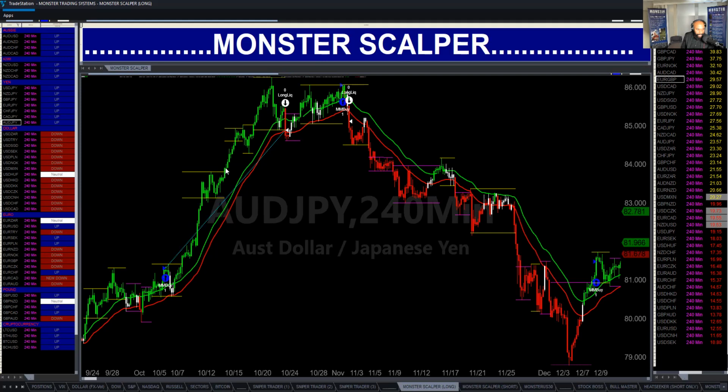I'd rather see price break resistance. That way I know new buyers are coming in. I would rather add here on a break of resistance. So you've got some flexibility in how you do this. That's the meat of the trade.